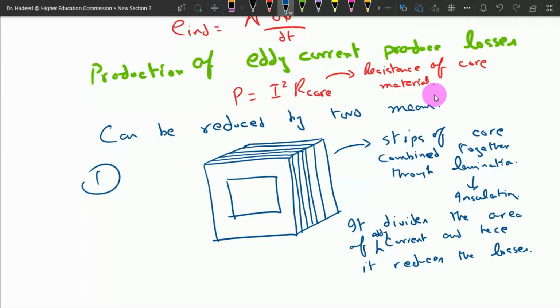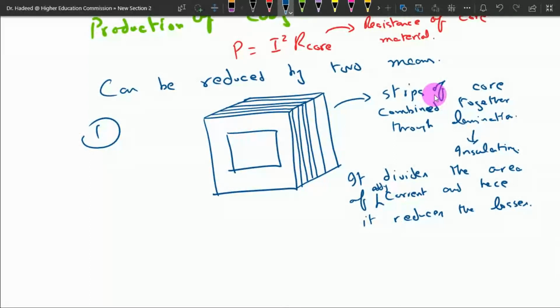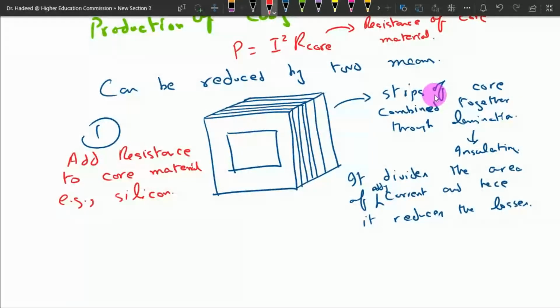The second point is that, instead of having these multiple strips, we add resistance to the core material, and this is usually done by adding material like silicon. But for an effective way, both this one and this two are used to reduce the eddy currents.